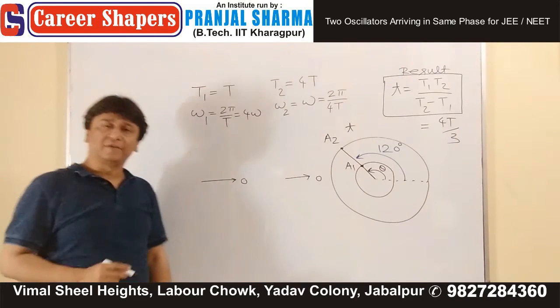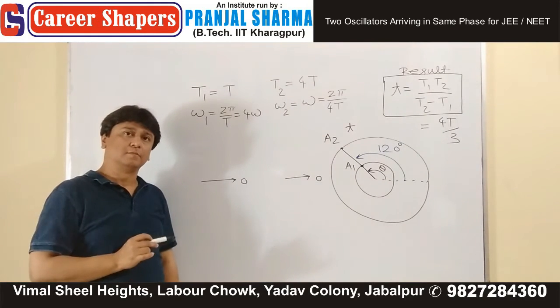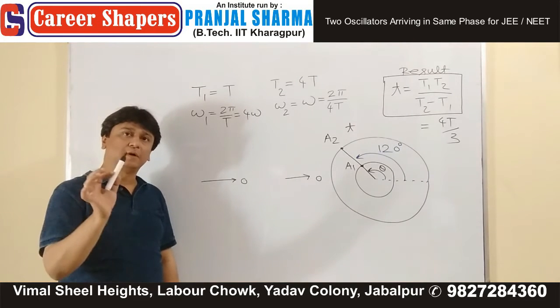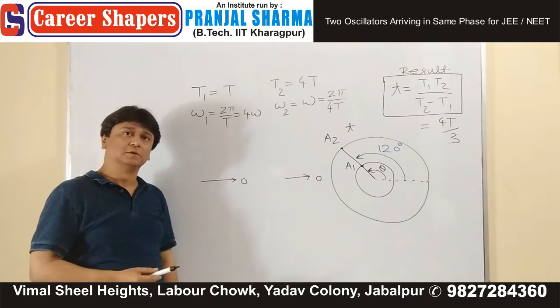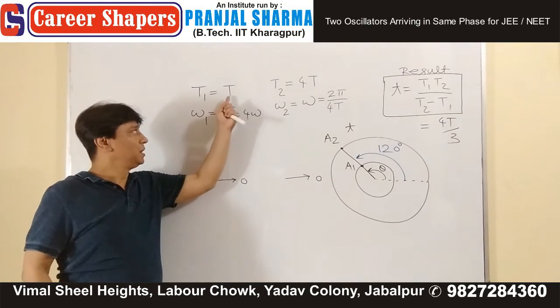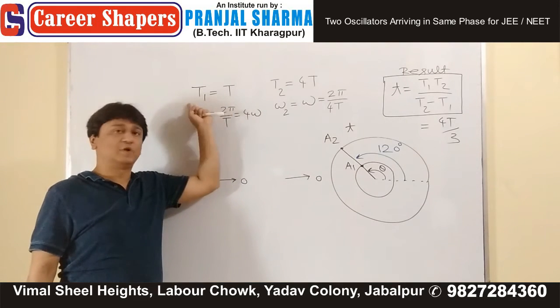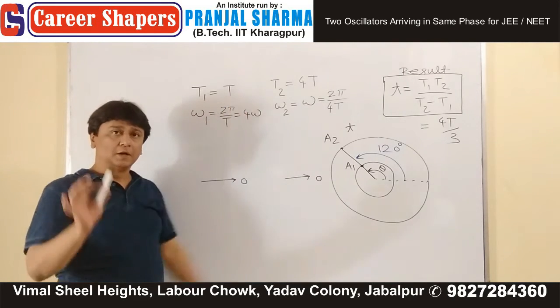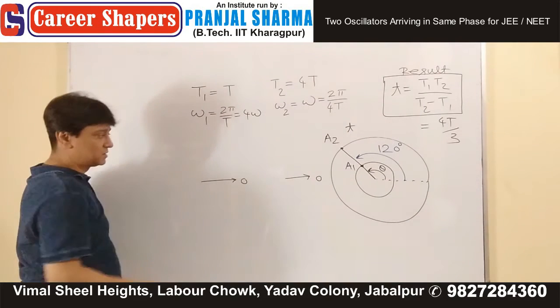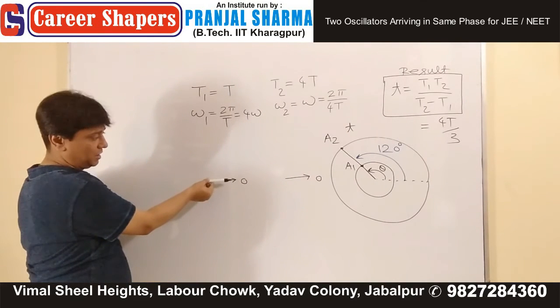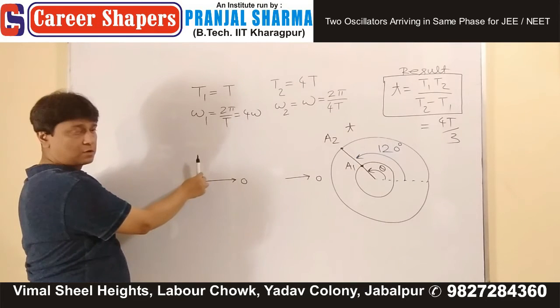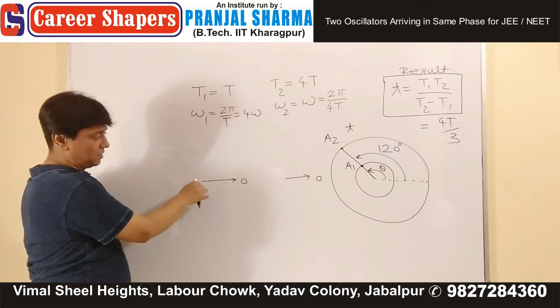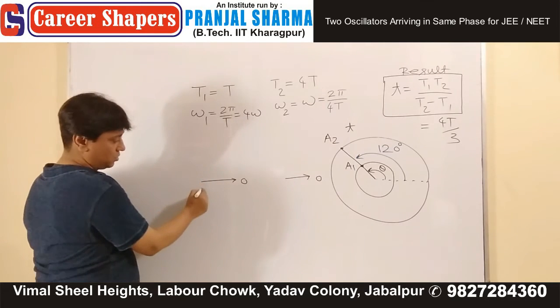What happens after time T? After time capital T, what happens? What is capital T? Time period of the first one. That means after time capital T, this rod will complete one rotation.